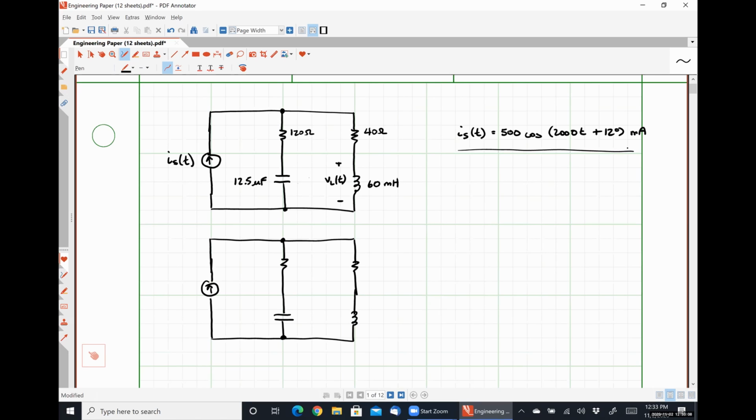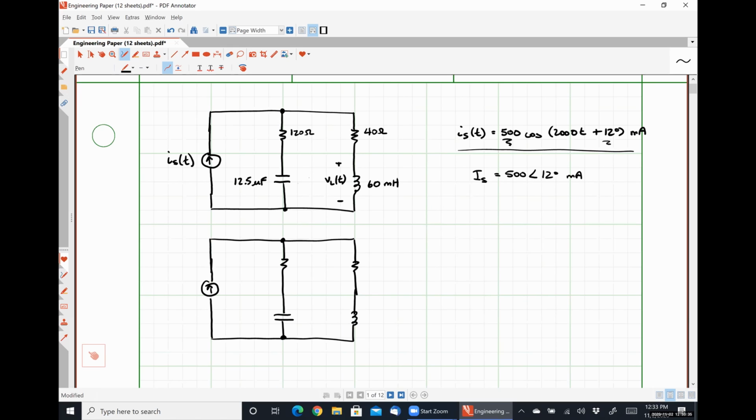When we want a phasor, we literally keep track of two pieces of information, the magnitude and the phase angle. So my frequency domain current IS will be 500, because that's the magnitude we have here, with an angle of 12 degrees, because that's the phase angle we have, milliamps, all right?